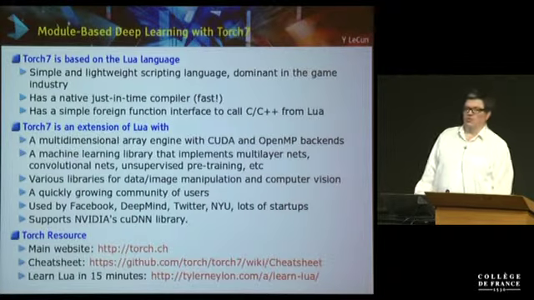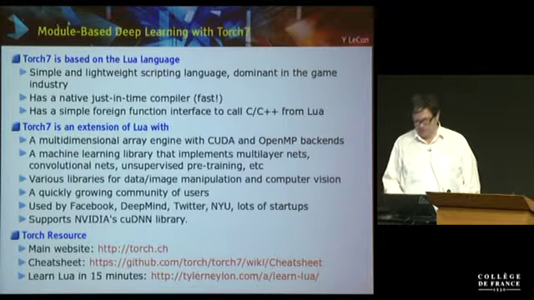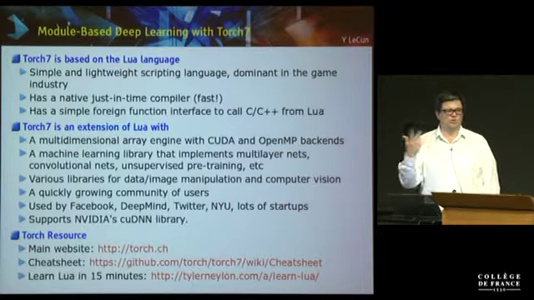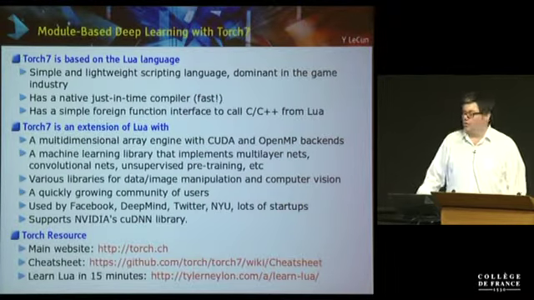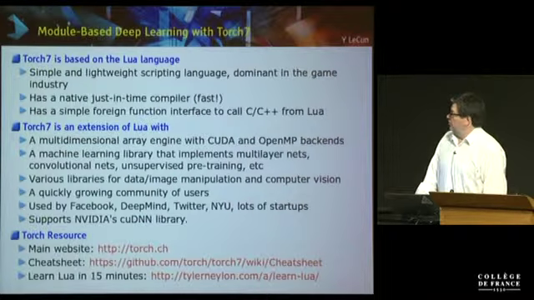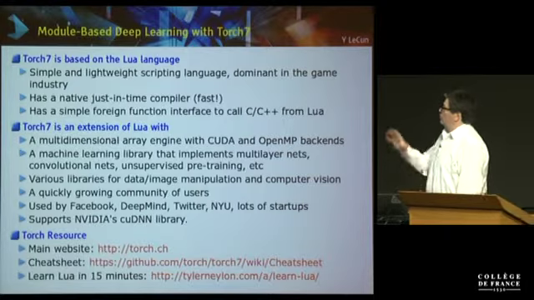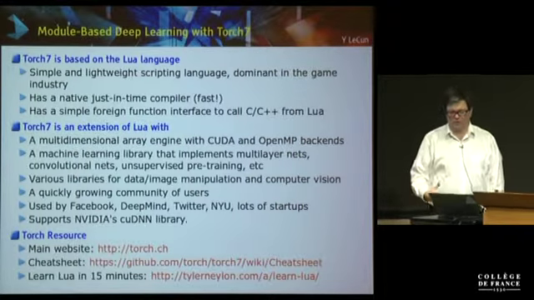Torch is based on the Lua programming language, which is very simple, like Python, but far simpler. We have hash tables, also used as arrays and so on. So it uses Lua as the interface language.